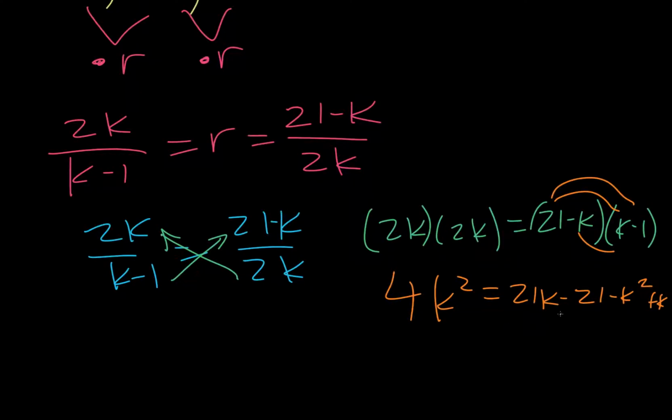Alright, now we need to combine everything that we can. Since it's going to be quadratic, we need to get everything onto the same side. Before I do that, let's combine those. So that's 22k. Okay, so 22k, I couldn't see if that was a minus or a plus sign. Minus 21 minus k squared, 4k squared.